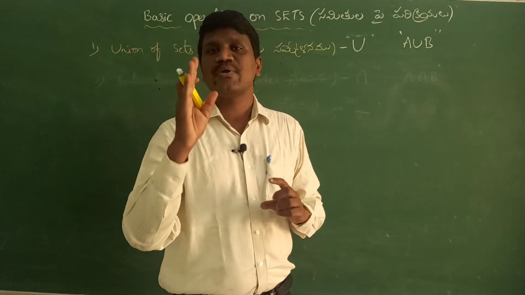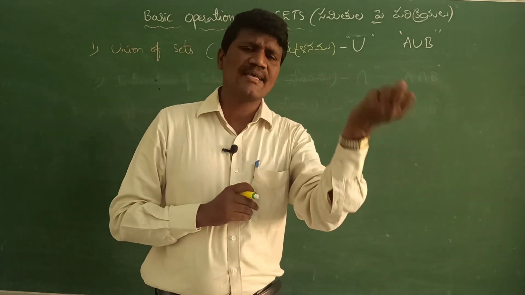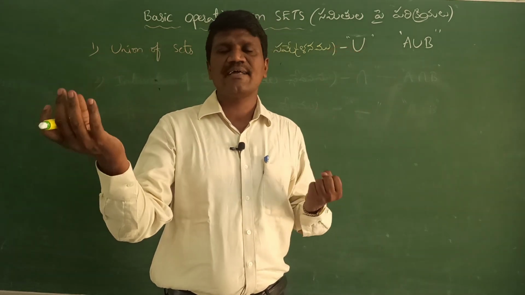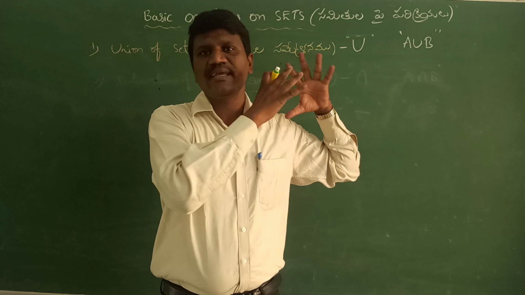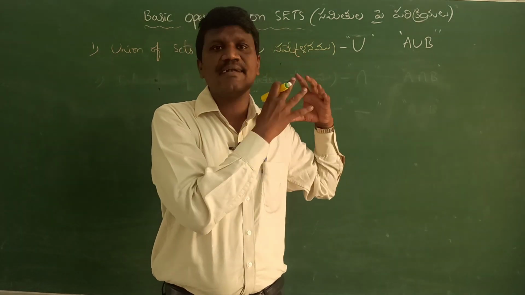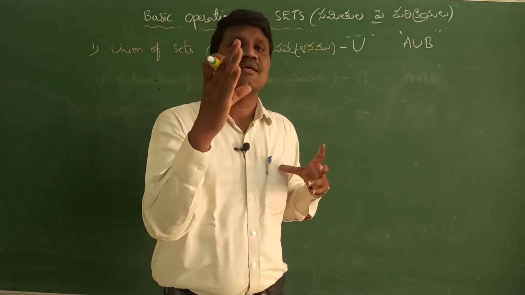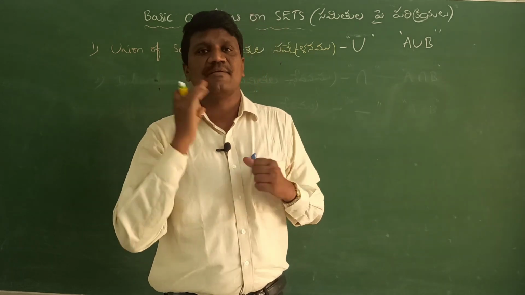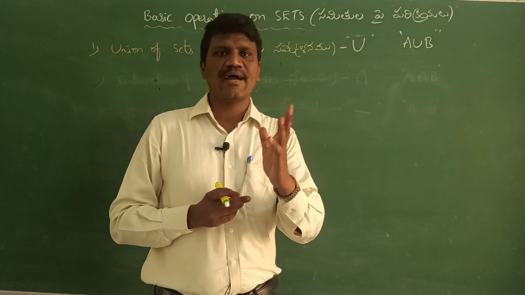That is called union of sets. Suppose A is one set and B is one set. I am taking elements from A and elements from B, and writing them in one set. That new set is the combination, A union B. That is the union of A and B.